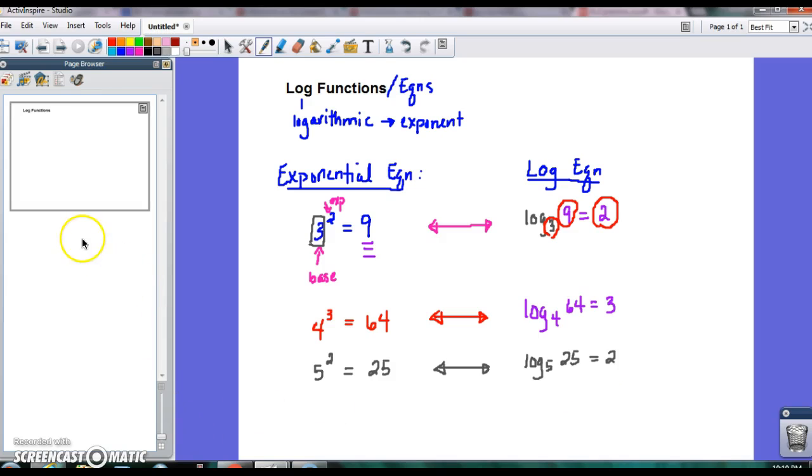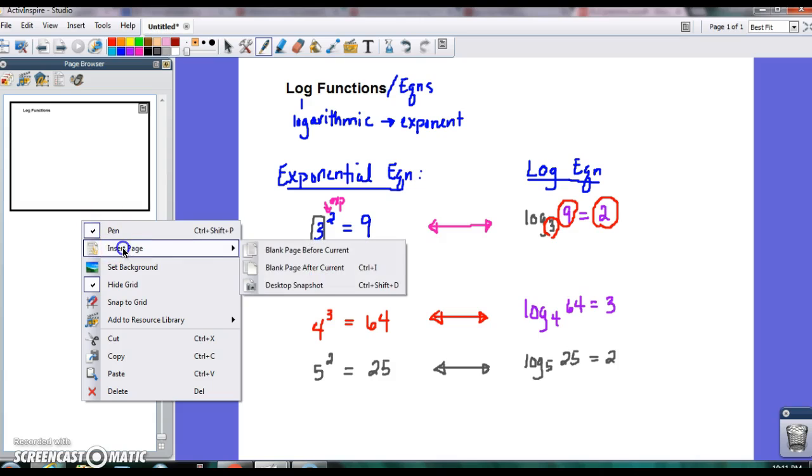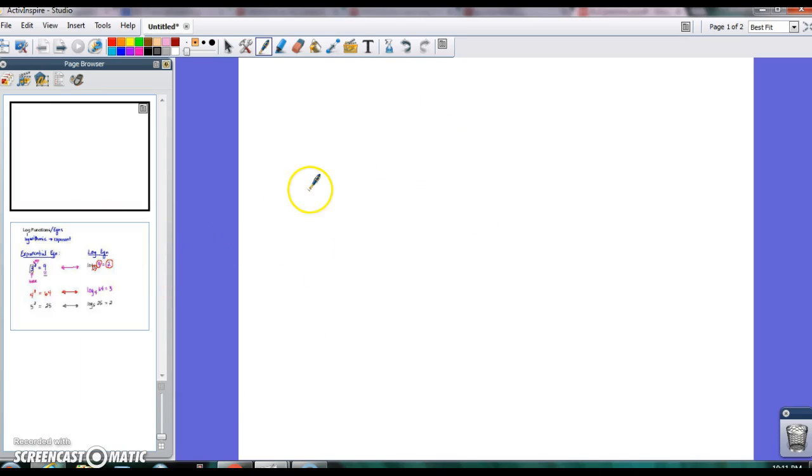Let's go ahead and go in the reverse order. So let's say we're starting with log equations. Here's my log equation, and now I want to convert it into an exponential equation.